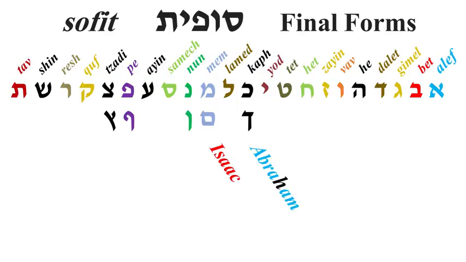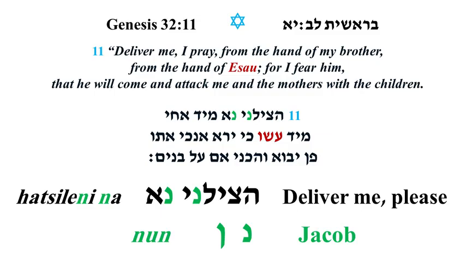Genesis 32:11. Deliver me, I pray, from the hand of my brother, from the hand of Esau, for I fear him, that he will come and attack me and the mothers with the children. This is when Jacob is about to meet Esau, and he's afraid that Esau is going to seek revenge on him. Okay? And here he says, Hatzelani na.